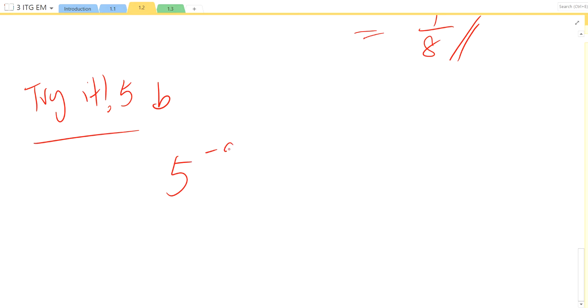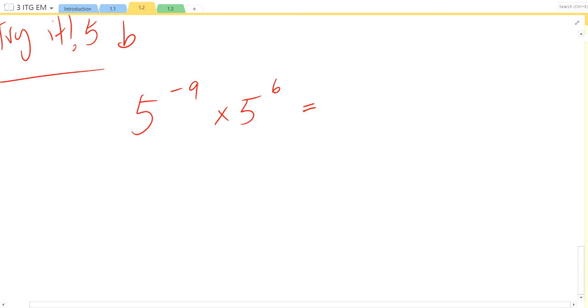5 power negative 9 times 5 power 6. I got feedback from your relief teacher asking how come there are so many methods, so many ways of doing it. Simply because there are so many ways, you have the options. It doesn't mean one way is right and one way is wrong. So, can I have a suggestion? What can we do over here? Change to a fraction.